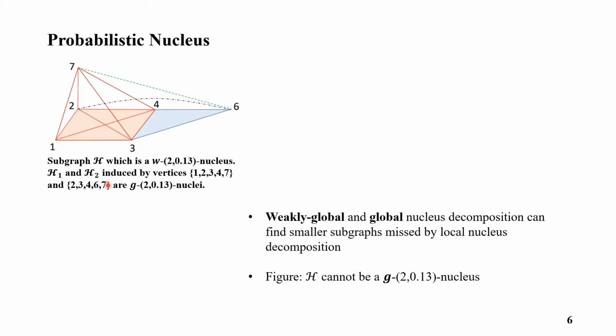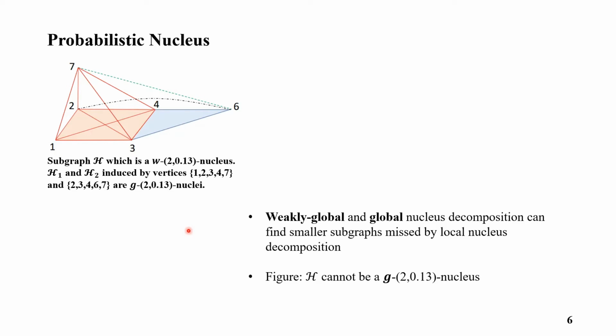But smaller subgraphs, H1 and H2, which are induced by vertices 1, 2, 3, 4, 7, and 2, 3, 4, 6, and 7 are considered as global nuclei.